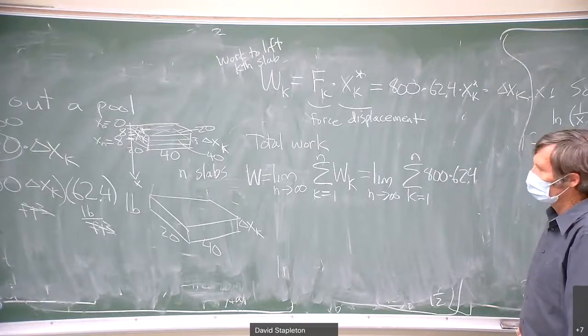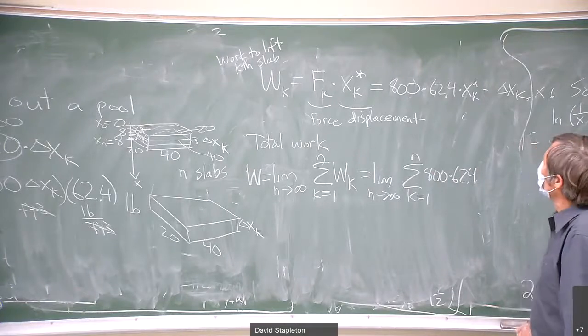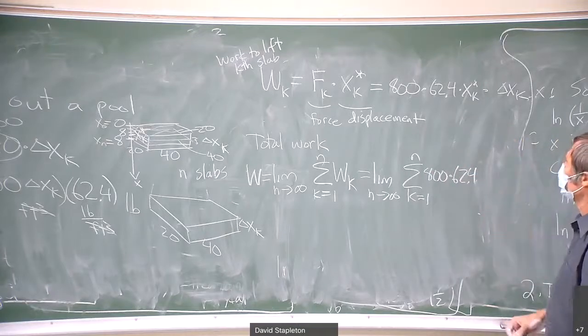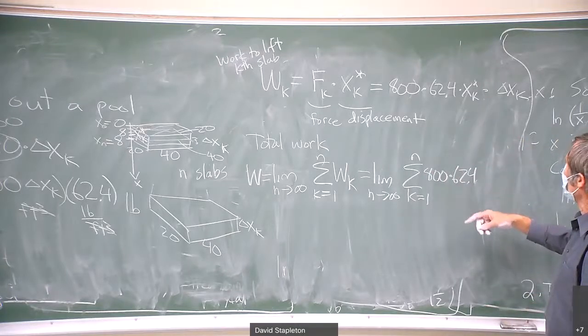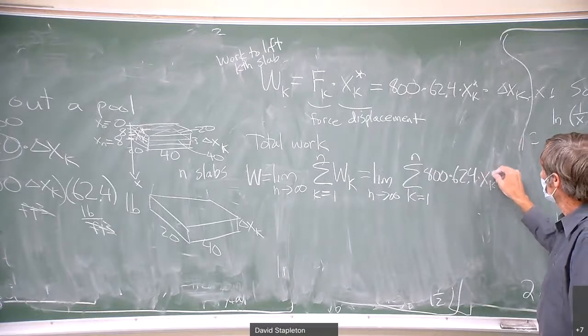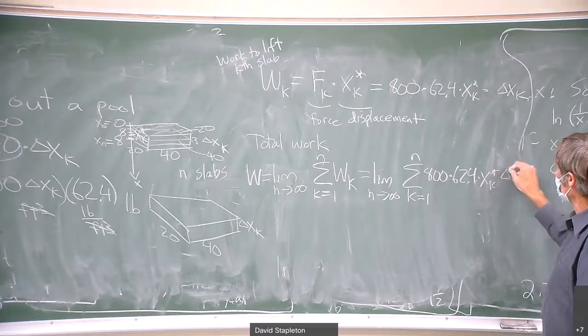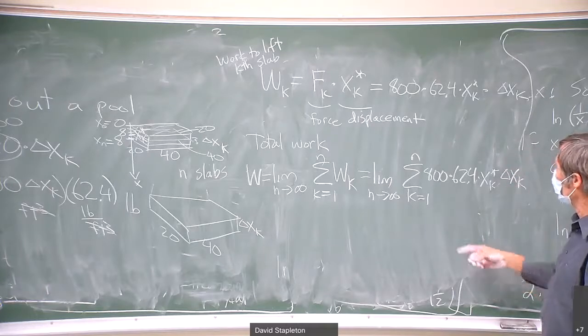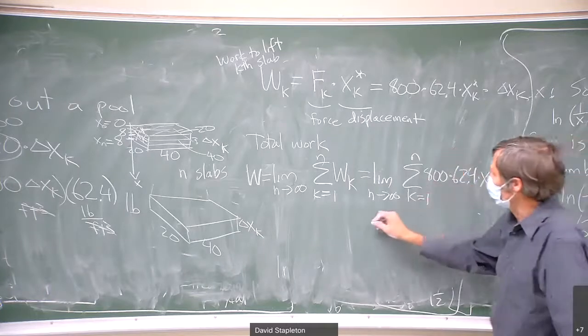If you get a little salt in it, it's a little heavier, for instance. But pure water, I think, is 62.4. Anyway, times xk star times delta xk. There is the exact work to pull it out.